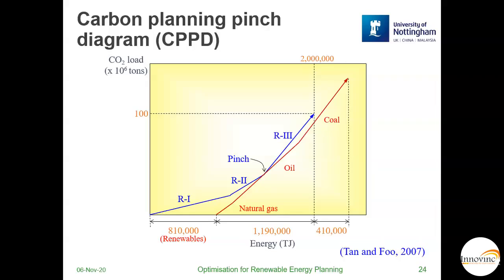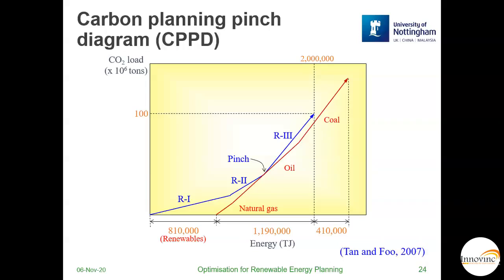And the extension of the sources, you can see 410,000 terajoules of coal is actually on the right-hand side beyond the sink composite curve, the blue line. That amount is to be phased off.